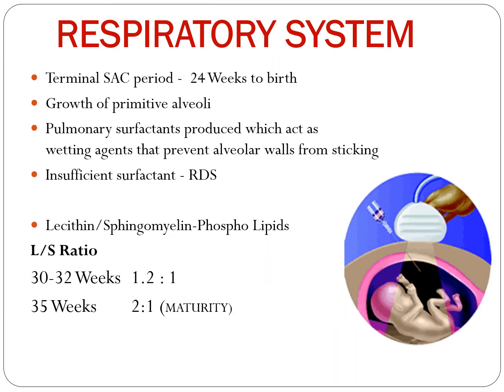Respiratory system, the terminal sac between 24 weeks to birth, doon palang nag-create yung respiratory. Growth of primitive alveoli. Pulmonary surfactants work as wetting agents that prevent alveolar walls from sticking. So pag insufficient yung surfactant, we could have RDS or respiratory distress syndrome. Kaya nga ini-evaluate yung maturity at 35 weeks.